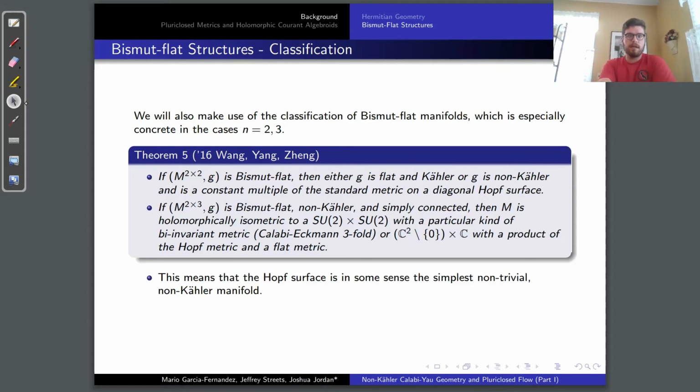So again, the Hopf surface is about the simplest non-trivial non-Kähler manifold, but it's also fairly general because every Bismut-flat surface is a diagonal Hopf surface.